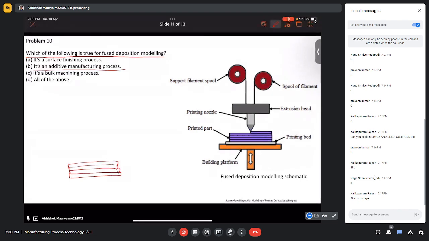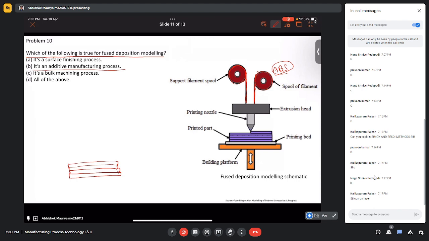Usually we have a spool with a polymer called ABS, acrylonitrile butadiene styrene. This is the common polymer used for the 3D printing process.